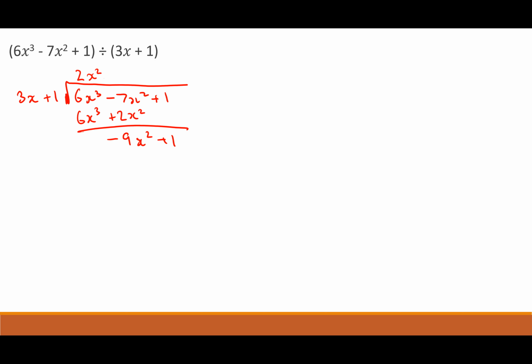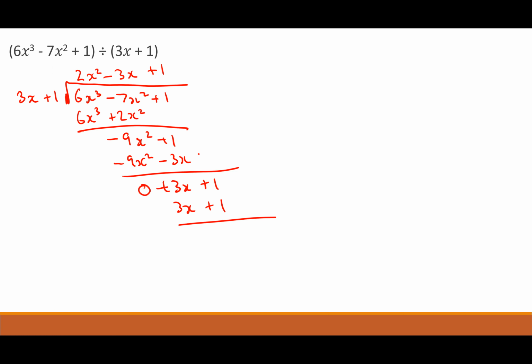Then we're going to be left with minus 3x. So let's do the calculation. Minus 9x squared minus 3x. Let's take away, and you've got plus 3x plus 1, and then we're going to do plus 1. That's going to leave you with 3x plus 1. Take these away, you're left with 0 plus 0. So your final solution to this one is 2x squared minus 3x plus 1.